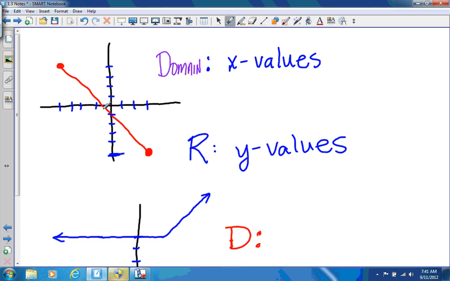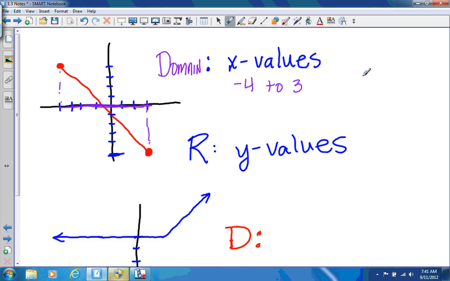So this is the x-axis, so our domain would be from here to here, all of these values. So in this case, it would be from -4 to +3.